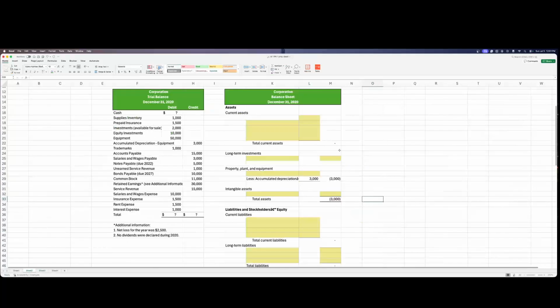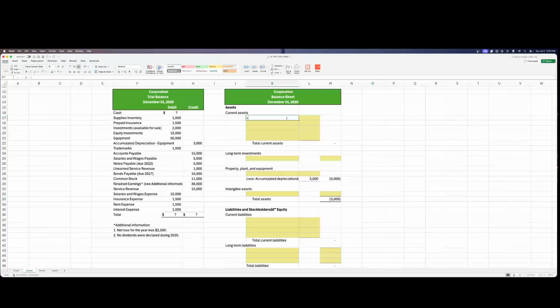Okay, and the balance sheet. So for the assets, the current assets: investments available for sale.